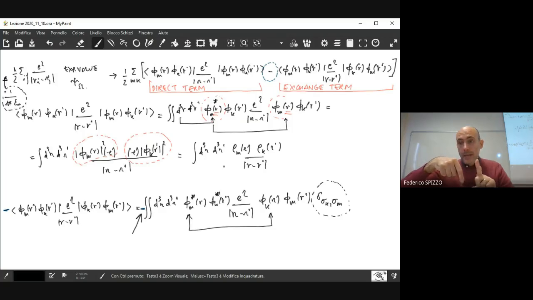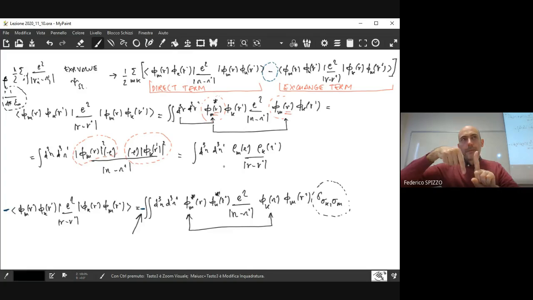So if this is correct, then if the average distance that you have in this case, spin up and spin up, just to make an example, is larger than the average distance that you have in this case, spin up and spin down, this means that in this second case, the Coulombian interaction gives you a potential energy that is higher than in this case, because now the distance is larger and now the distance is smaller.